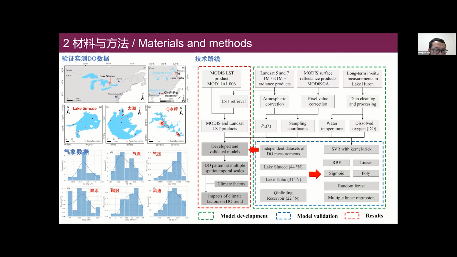We also constructed the correlations between the annual DO and five climate factors, namely air temperature, sea level pressure, precipitation, radiation, and wind speed, to analyze the impact of different climate factors on the DO of Lake Huron. The data were collected from the ERA5 dataset. This is a flowchart of this research, and it contains three parts: model development, model validation, and finally the results.